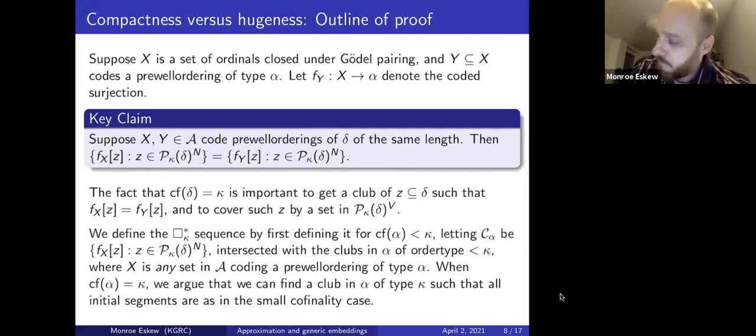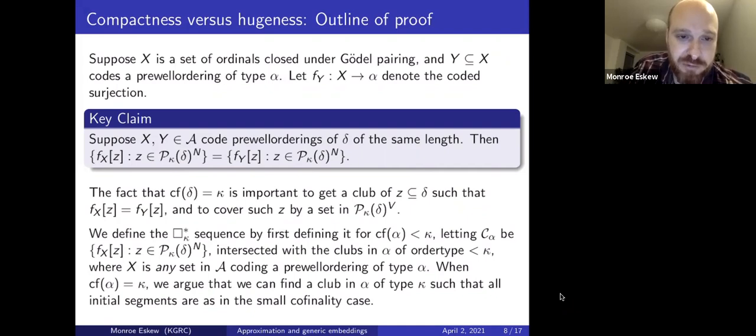But working in M, right? If you have any two sets that are approximated, this is key, and they code well orderings of delta of the same length, then the set of all images of members of P kappa delta under f sub x is the same as the same set defined with y.